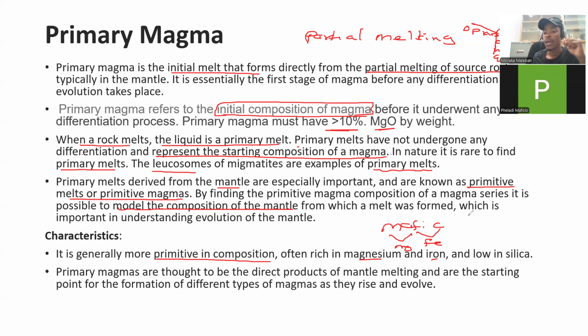And basically those rocks, peridotites for example, are rich in olivine, which gives a rock a greenish color, like for example in dunite, which has over 90% olivine, right?